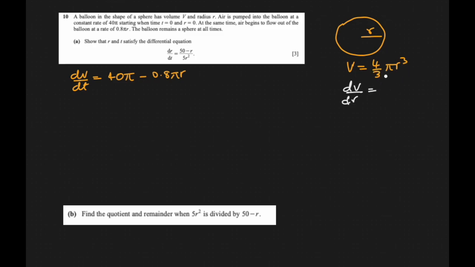So 4 over 3 pi r cube: 4 over 3 is a constant, pi is a constant, we don't touch it, just r cube will be differentiated, 3r square. 3 and 3 cancel here. So this is dV over dr. So we can write here dV over dr equal to 4 pi r square.